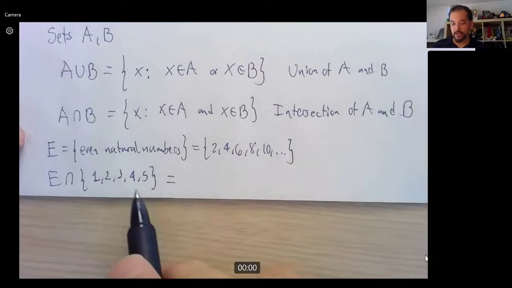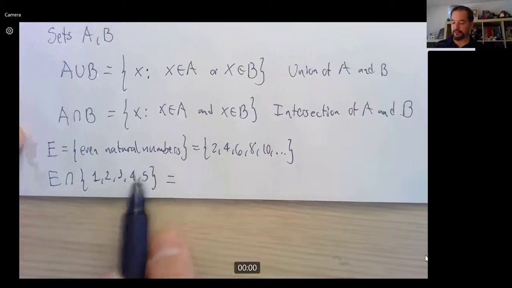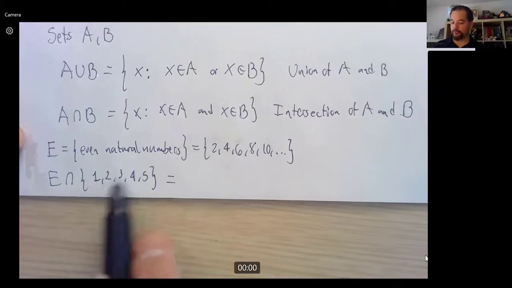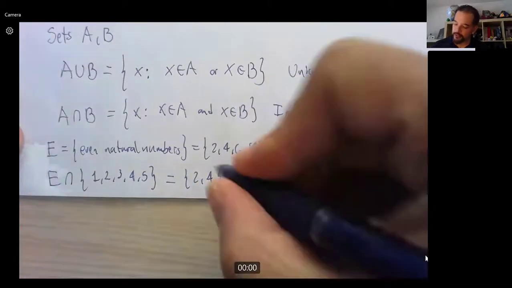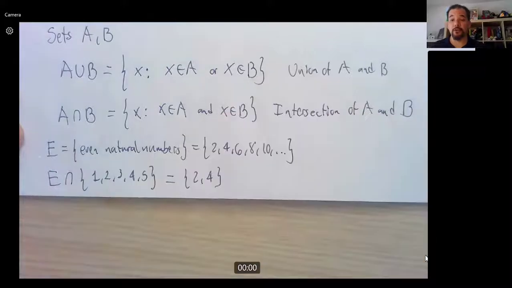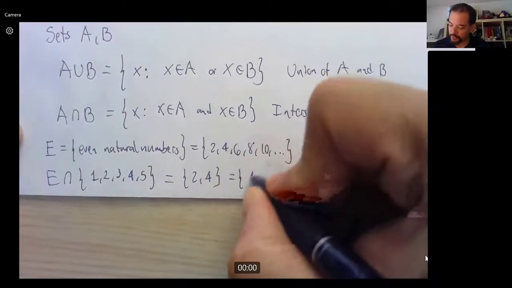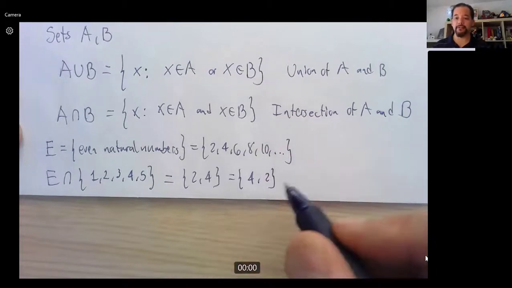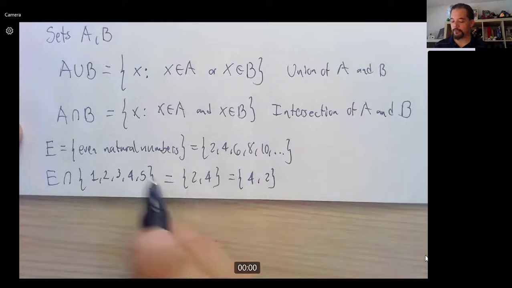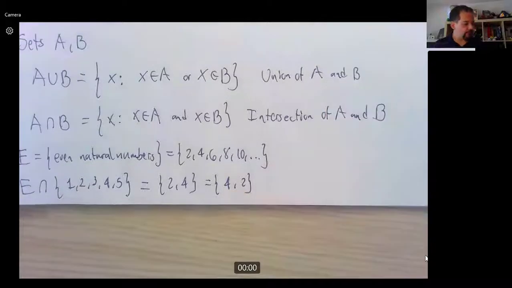Well, yeah, 2, 4. It's supposed to be the elements that belong to both, right? And in this case, there's only 2 and 4. So this is the set that has 2 and 4. By the way, because in sets the only thing that matters is the property of belonging, you can write 2, 4, or you can write 4, 2. It doesn't matter, right? The order in which we list the elements is irrelevant. Both 2 and 4 are members of the set. Okay, that's important.